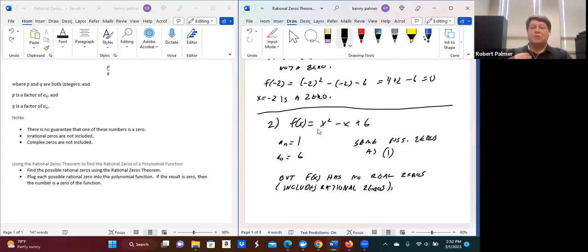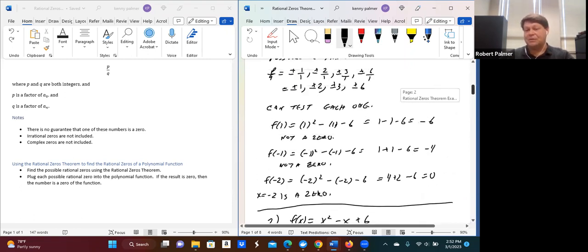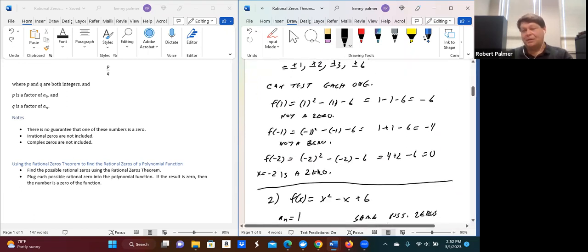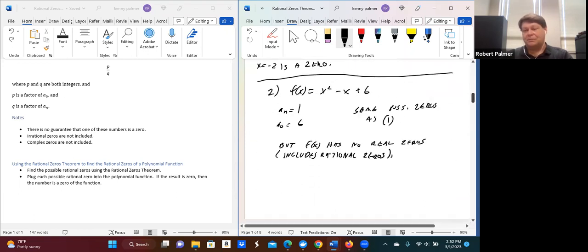It has to have 2, basically both complex. So basically, you have to involve square root of i or square root of -1. So once again, what this means is you'd have the same possible rational zeros as this. What the theorem says is, if you have rational zeros, they come from this list. But as I said, the first one we did had 2 from that list. This one would have none in that list. Okay.